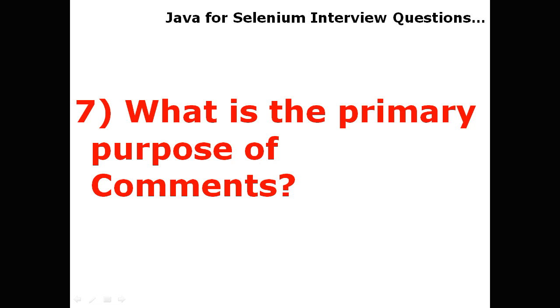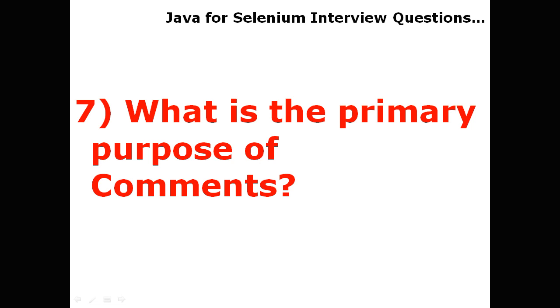One is rule, syntax rule. Another is standard. Comments come under standard, not rule. Suppose you don't write any comments in your Java program, no issue, it will execute. If you write meaningful comments in your program, that is standard, best practice.